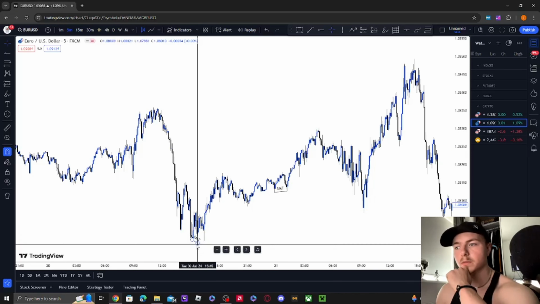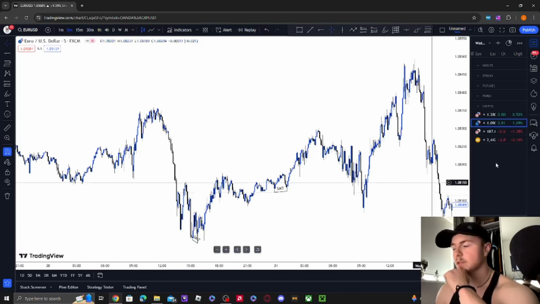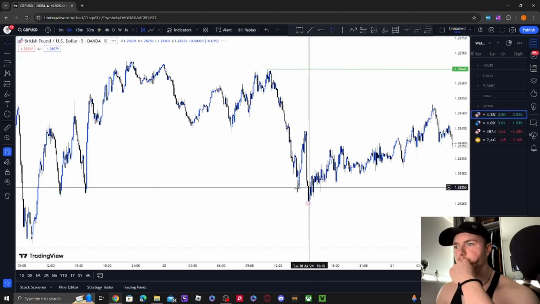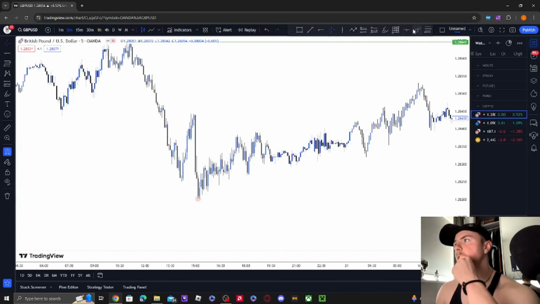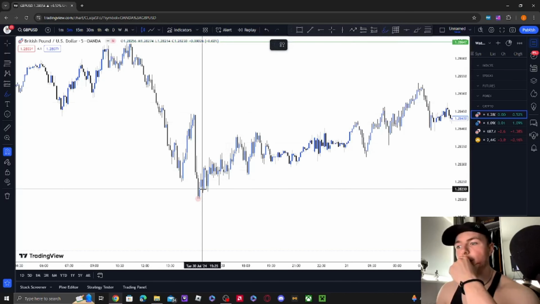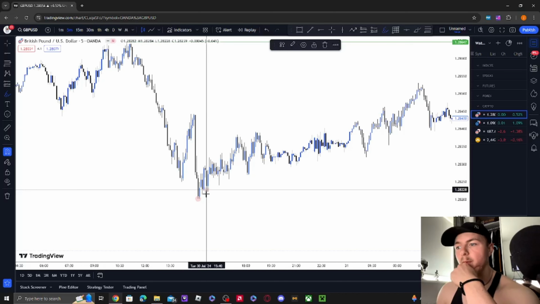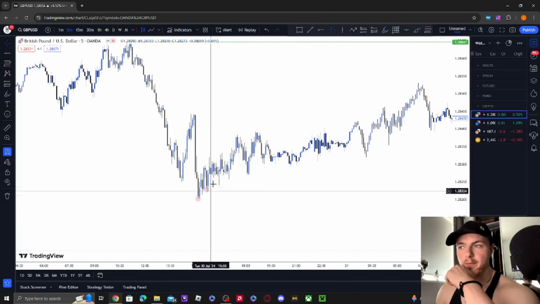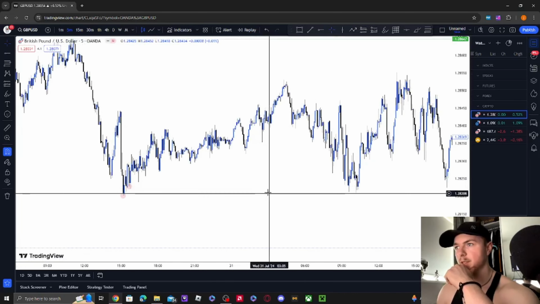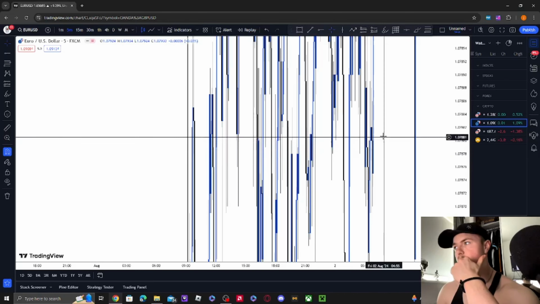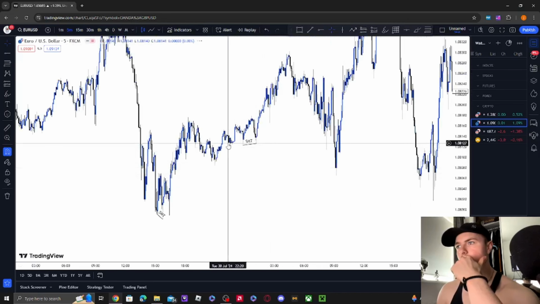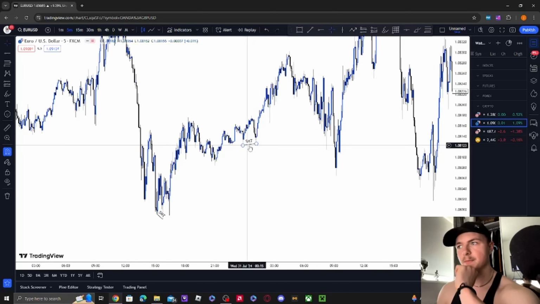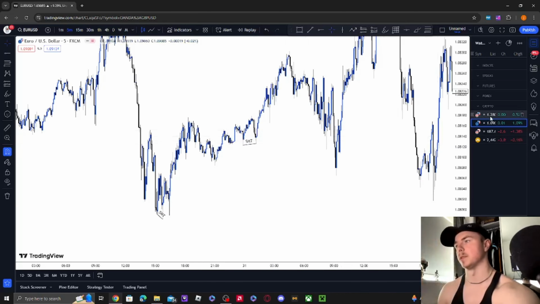So I made a lower low at 20 to 4 on Euro USD, whereas at 20 to 4 it made a higher low. See, SMT. And there was another SMT, which I did show, where we swept the liquidity, whereas Euro USD did not sweep the liquidity, therefore it was an SMT.